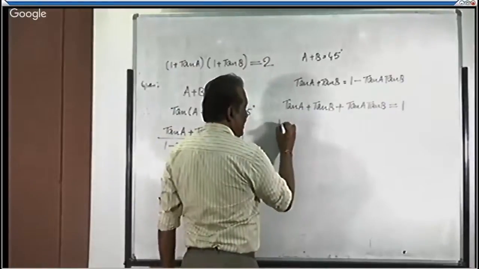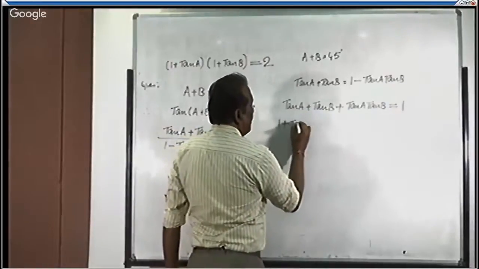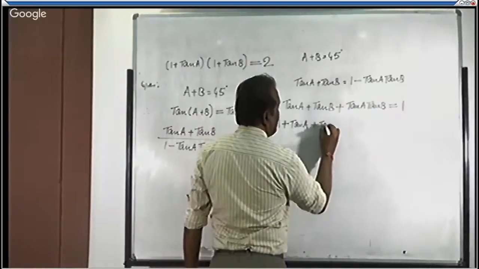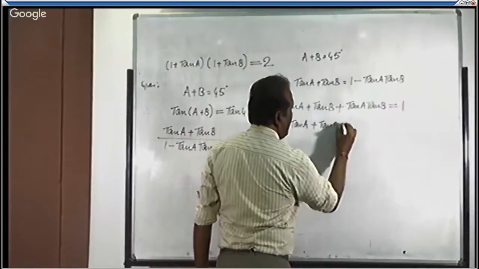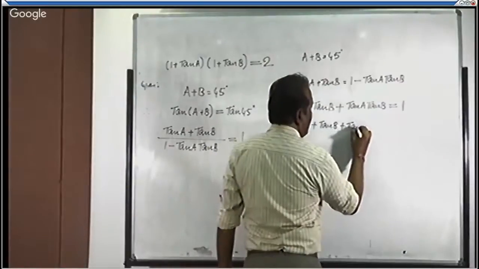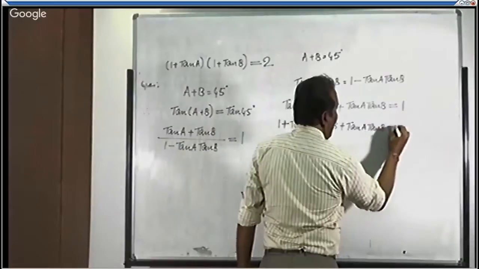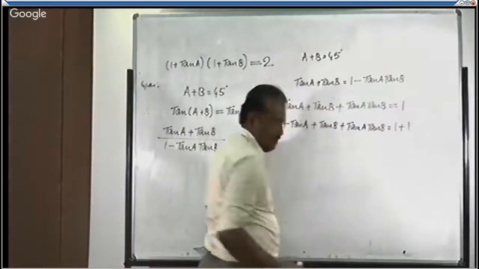Now I just write 1 plus. Can I just add 1 to the LHS? It will be 1 plus tan A plus tan B plus tan A tan B. Now to the RHS also you have to add 1, right?